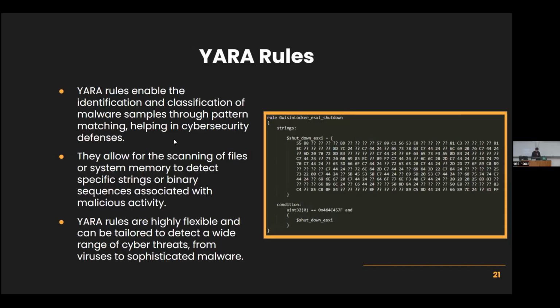Adding on to signature detection, the formal name is YARA rules. Essentially, what I mentioned earlier is we grab the bytes within the executable, place them inside a variable, and then compare it against the executable file. This speeds up the analysis process. If we have another sample that has the same characteristics and attributes as the sample we're analyzing, then we can identify it very quickly.